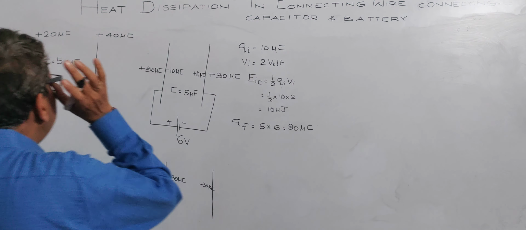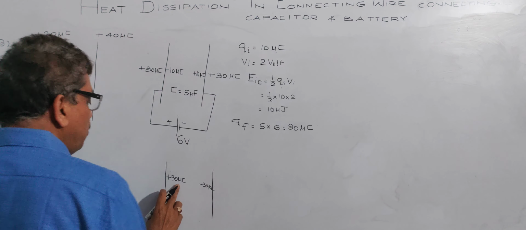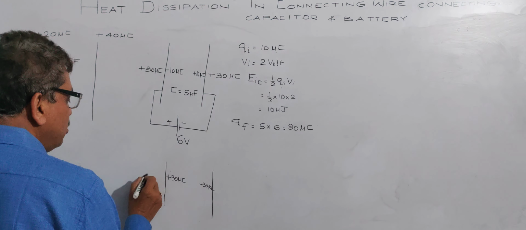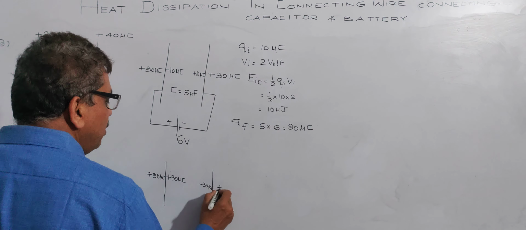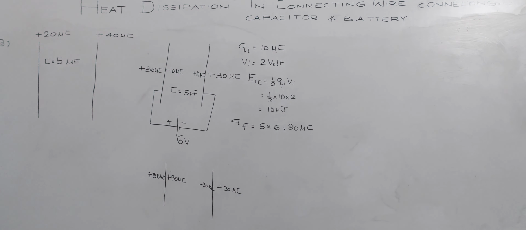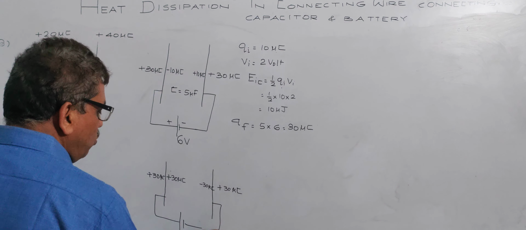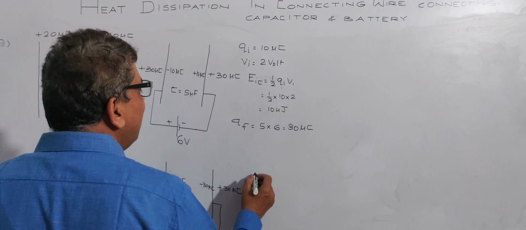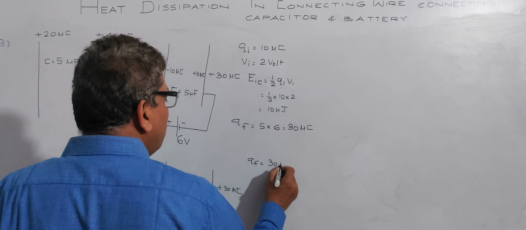Since the total charge was 60 microcoulomb, this will be plus 30, then the outer sides will have 30 microcoulomb and 30 microcoulomb. Is it clear? And it is connected to the battery. So the final charge of the capacitor, we know, is 30 microcoulomb.